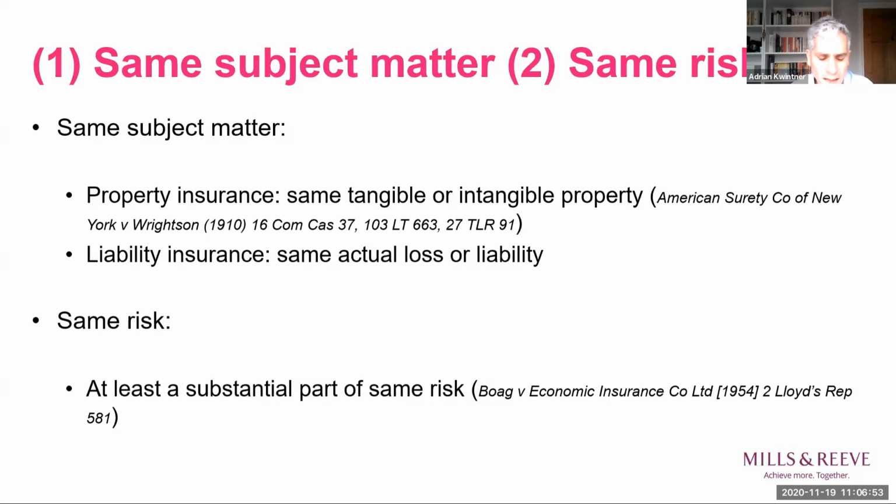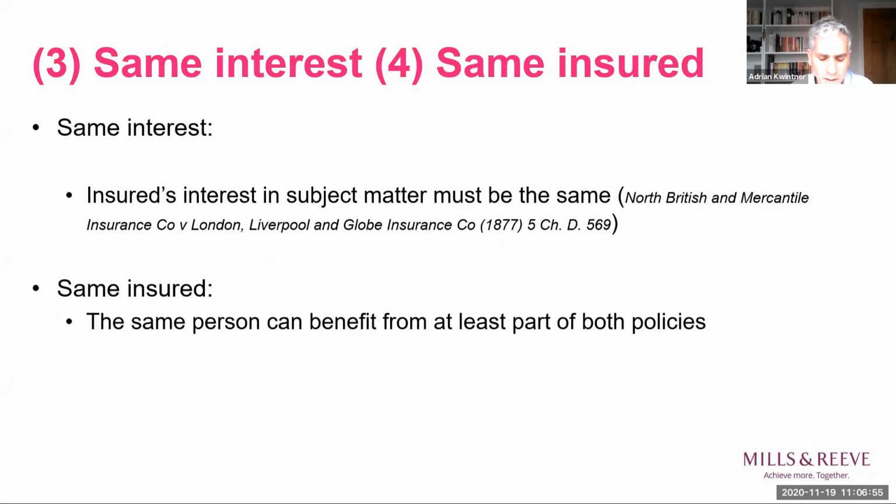Just moving on to the next slide, let's look at same interest. The insured's interest in the subject matter must be the same. So where two people, such as a landlord and a tenant, each insures its own interest only in the same property, there is no double insurance.